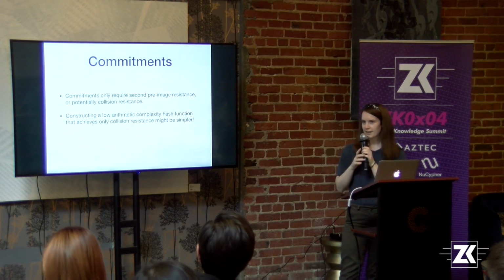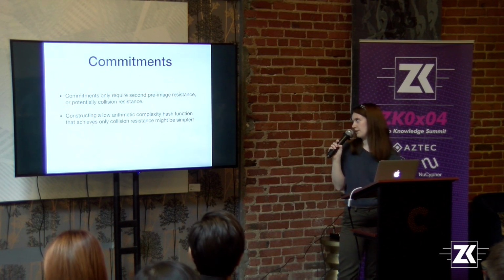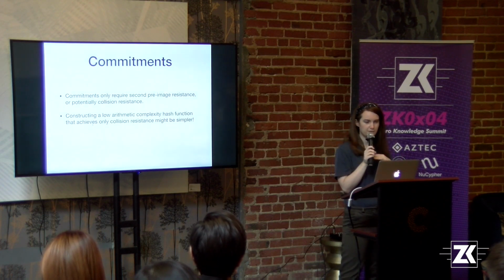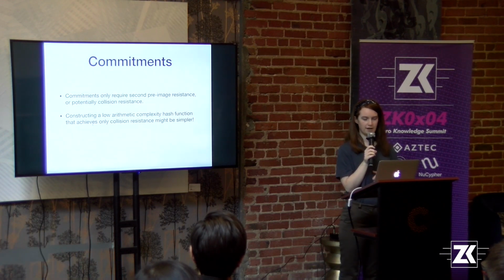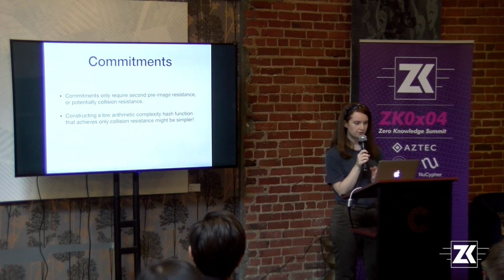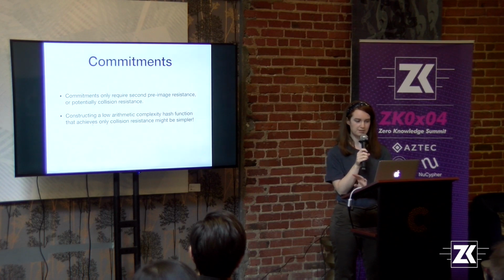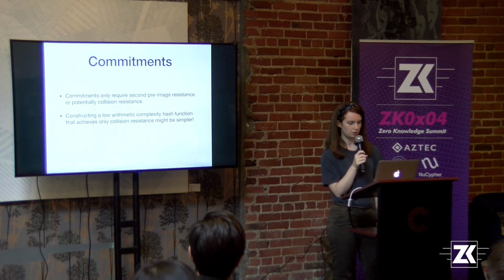So maybe if you think about the ways that we can improve, maybe first we can relax our conditions. SHA as a hash function satisfies a lot of properties that you want from a hash function. But if you want to just use your hash function for commitments, then it's maybe a simpler goal.